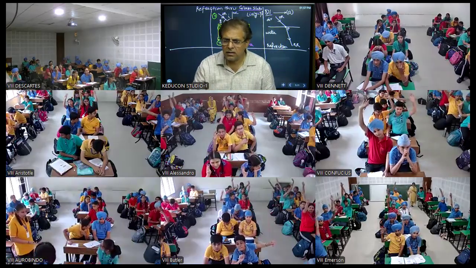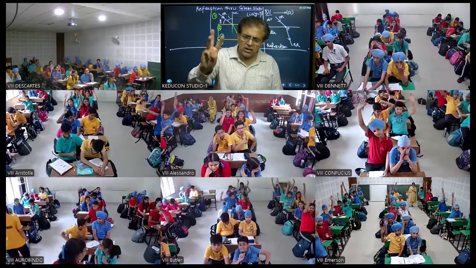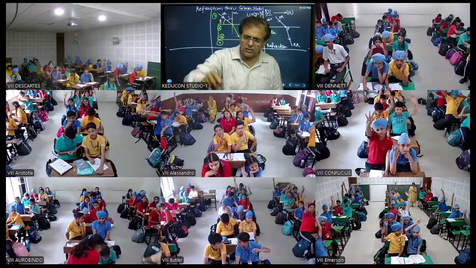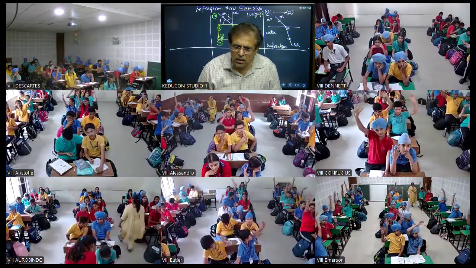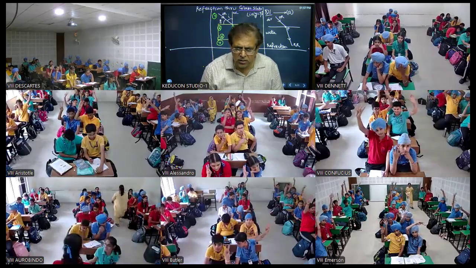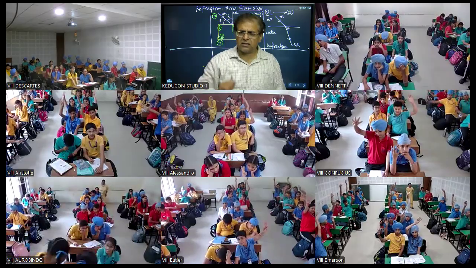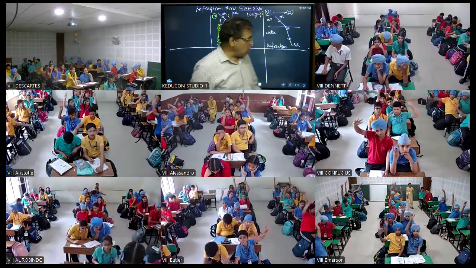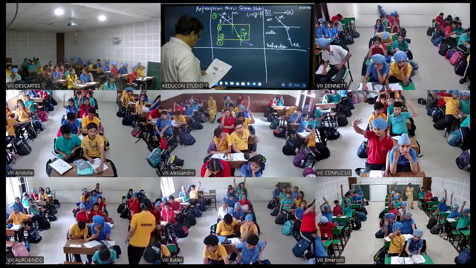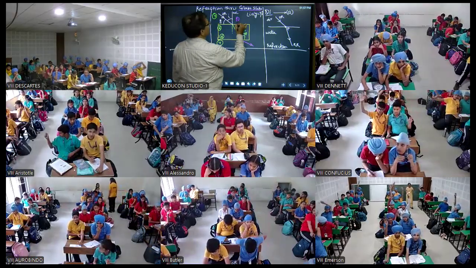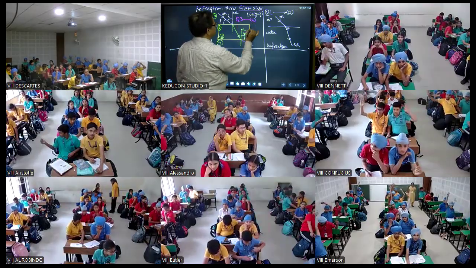But if your choice is 3, raise 3 fingers. If your choice is 4, raise 4 fingers. Butler, 3 fingers, very correct. Shabash. So 3 sections performed very well. So here you will say question number 3, C choice.